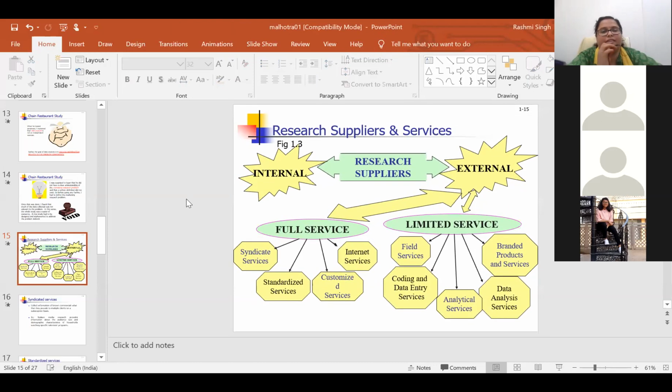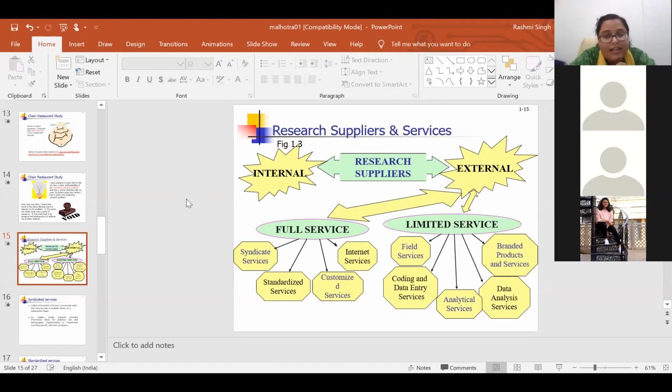So this is the research suppliers and the services. Every company or organization has its own R&D department, that is, research and development department. But there are some organizations who don't have an R&D department, or even if you have one, you still want to take some help.